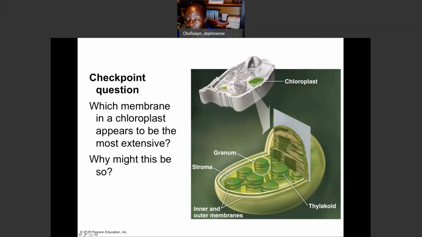So this is a transmission electron micrograph showing the stacks of grana, three stacks of grana. You should be able to label the parts of the chloroplast. So checkpoint question, remember to compile and email them to me. Which membrane in a chloroplast appears to be photosynthetic? Why might it be so?